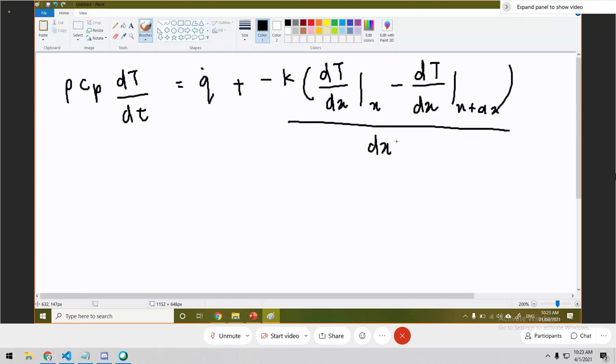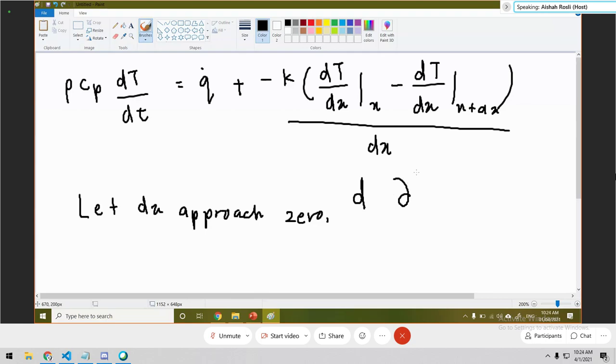So if we let dx approach 0, we will get the second partial derivative of temperature with respect to x. If you remember in the slide, rather than this d, we have this partial d, which just means the substantial derivative versus the partial derivative.